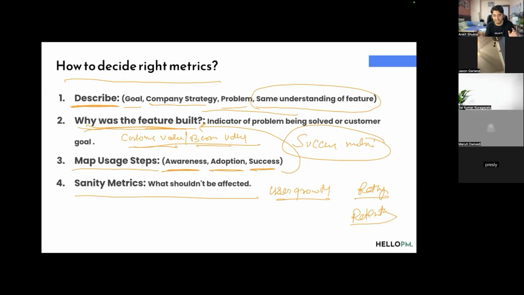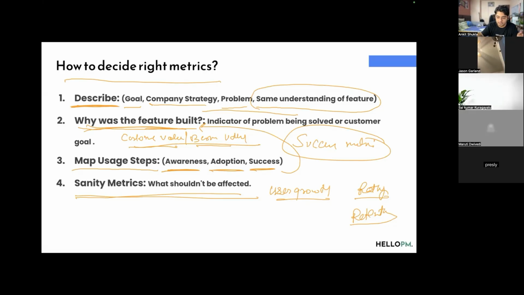Because if you tell the marketing team that we need to increase the number of users, they will run discounts, they will do these kinds of ads, they are going to make false promises. And then eventually the retention and the experience that you have can deteriorate. So you also have to have some sanity metric, which is what should not be disturbed. It is not possible 100% of the time that you are not disturbing other metrics, but you should be aware about the same.